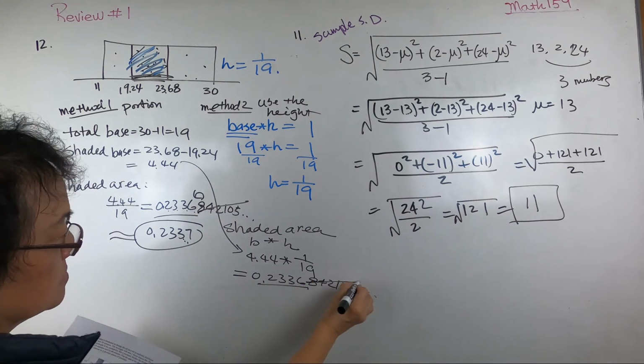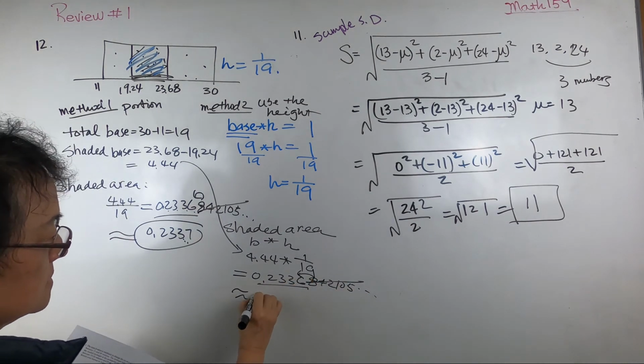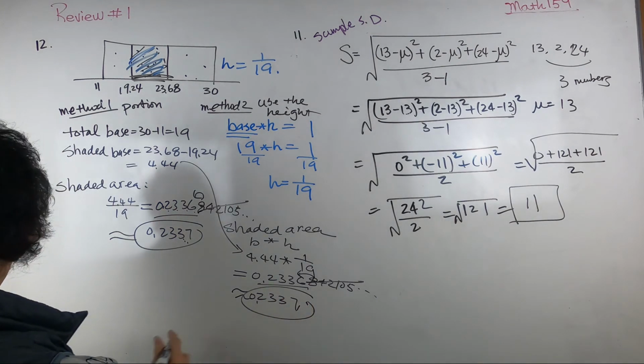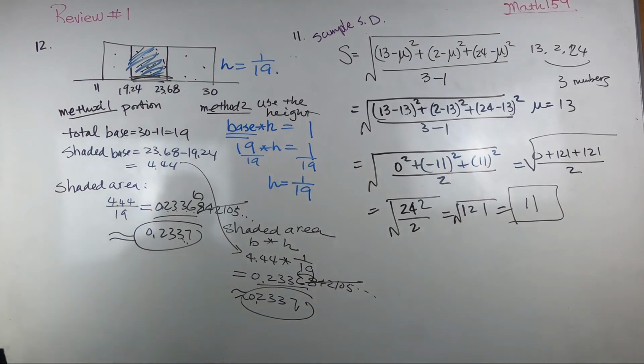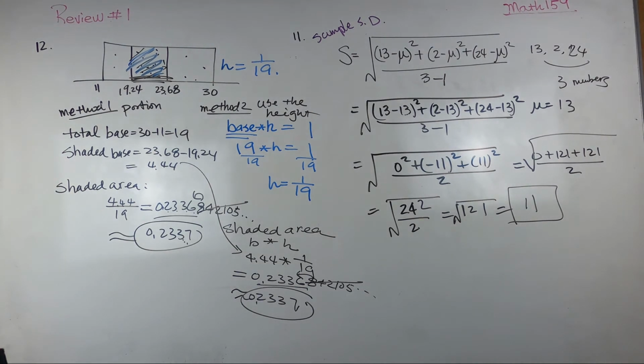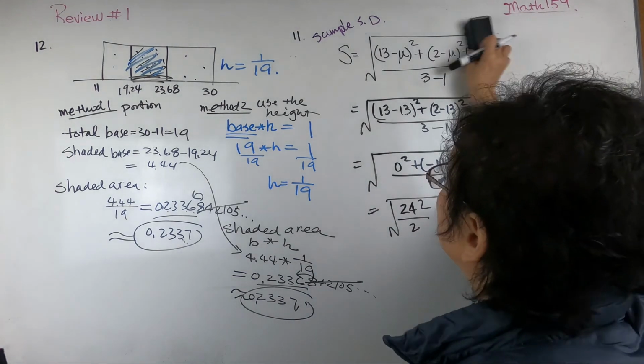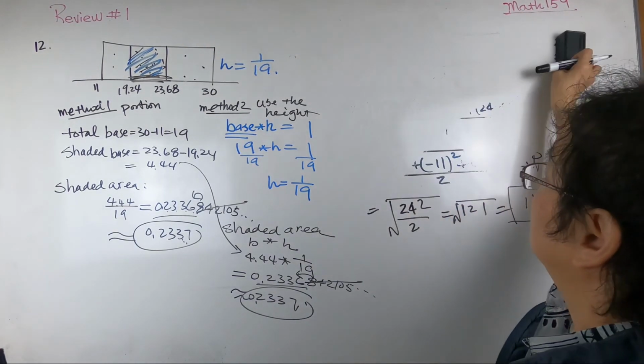And to 2 decimals, you get the same answer. Right? You need to practice that. We did many examples already. You should be able to handle that now, right?